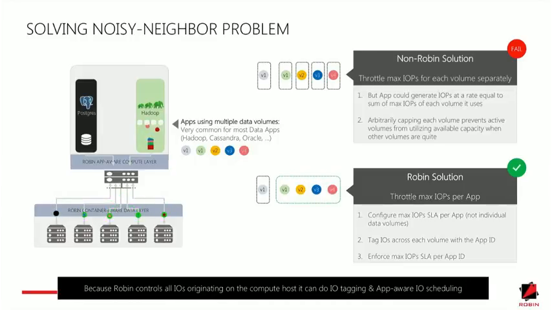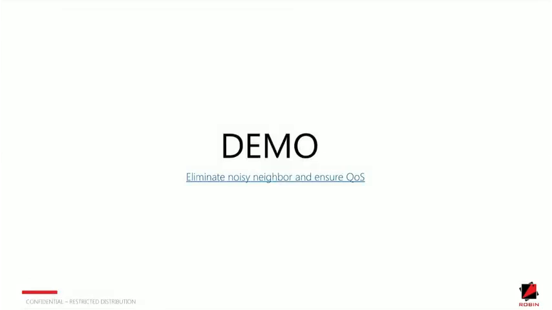You don't have to go in and change each volume one at a time. This is possible because we control all IOs originating on the compute host, since they come from the container that we have spun up. And we do IO tagging and application-aware IO scheduling. These are the two reasons why we can control IOPS at an application level and not on an individual volume level.